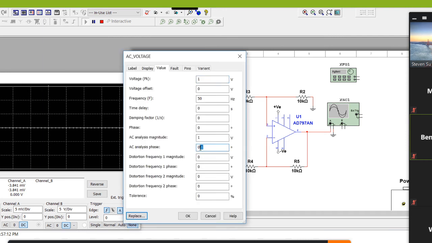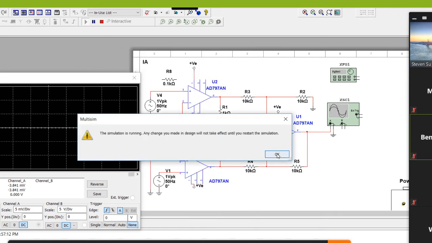If I change this one to 1 degree, normally they will differ.